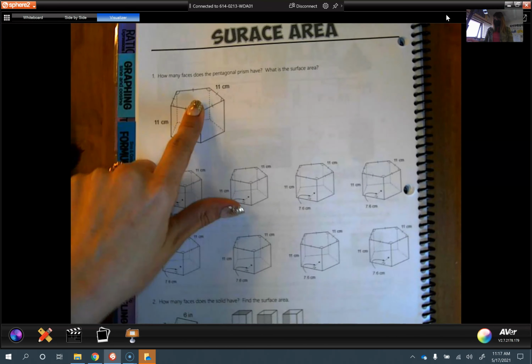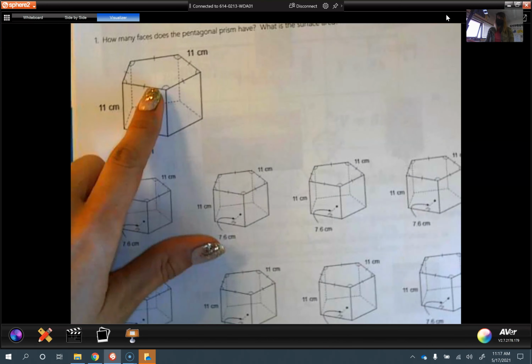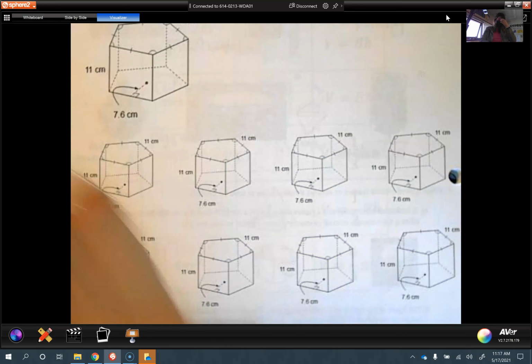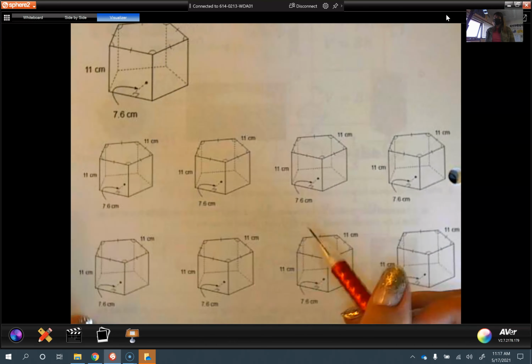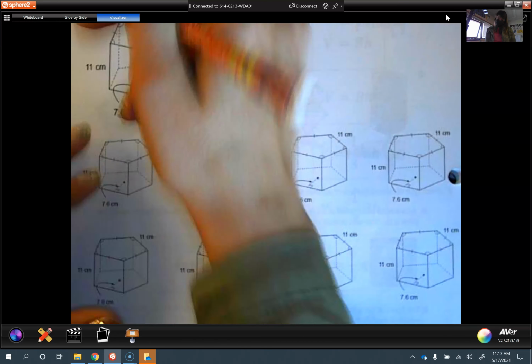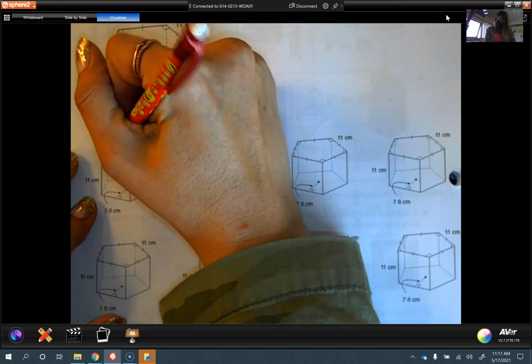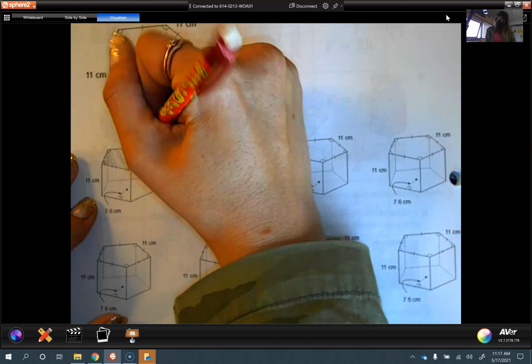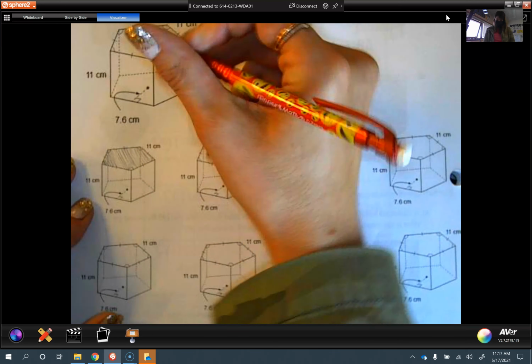But this part here on the top, he'd be a face. So I have all these extra shapes down at the bottom so that we can identify all of the faces of the shape. So I'm just going to lightly shade in the top of this pentagonal prism.